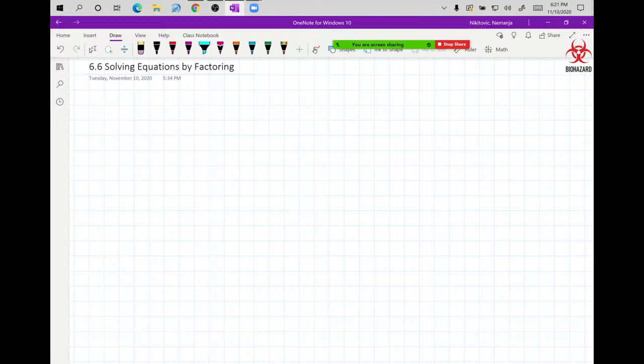Now, we know what solving equations means, right? We know that means calculate x when you have an equation with an equal sign, so you can solve it and compute the value of x. So we go back to that story of expression versus equation.